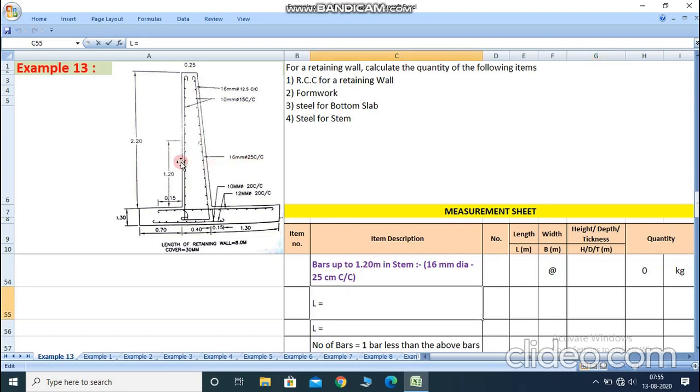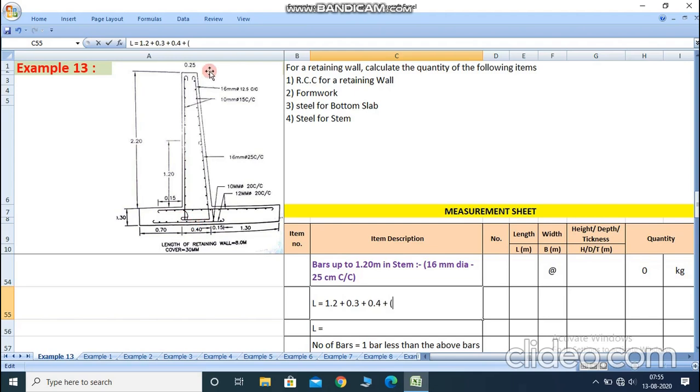Here 1.2 meter from the hook up to the slab, plus 0.3 is the thickness of the slab, plus 0.4 here, plus the hook is provided at both sides.